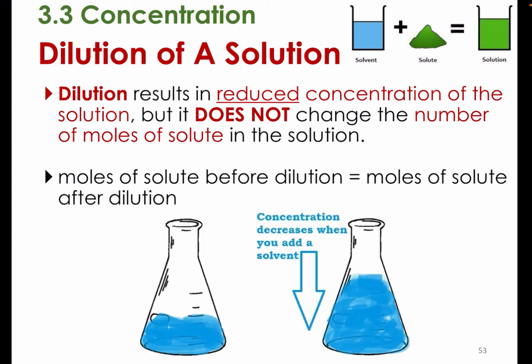Dilution adalah pencairan in Malay. It means that you add more solvent, and your solvent, for example, usually will be water. So when you add more water into the solution, you do the dilution, which reduces the concentration of a solution.